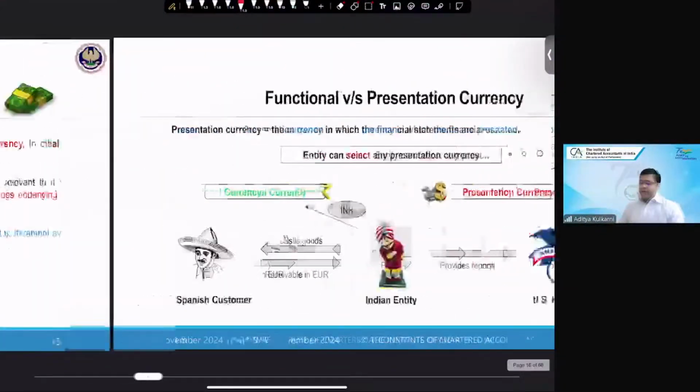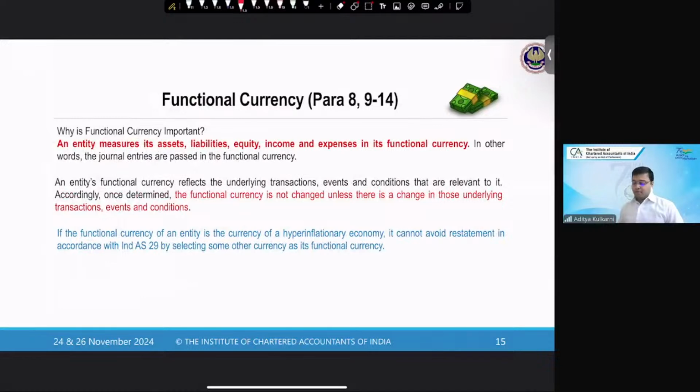And why is functional currency important? Very simple. Journal entries are passed in the functional currency. An entity's functional currency reflects the underlying transactions, events, and conditions that are relevant to it. Accordingly, once determined, the functional currency is not changed.